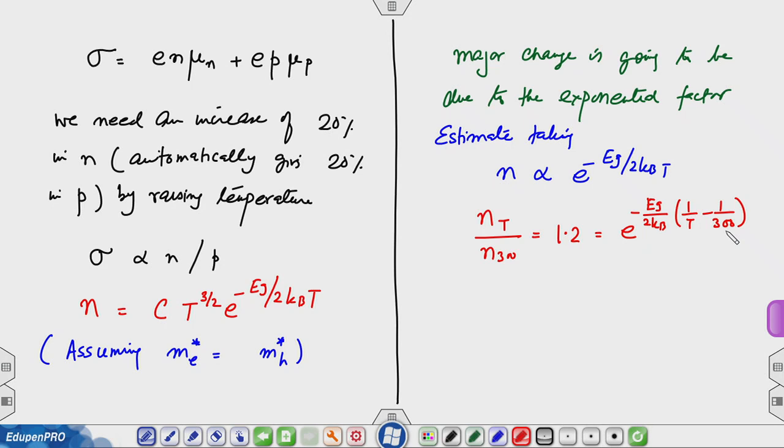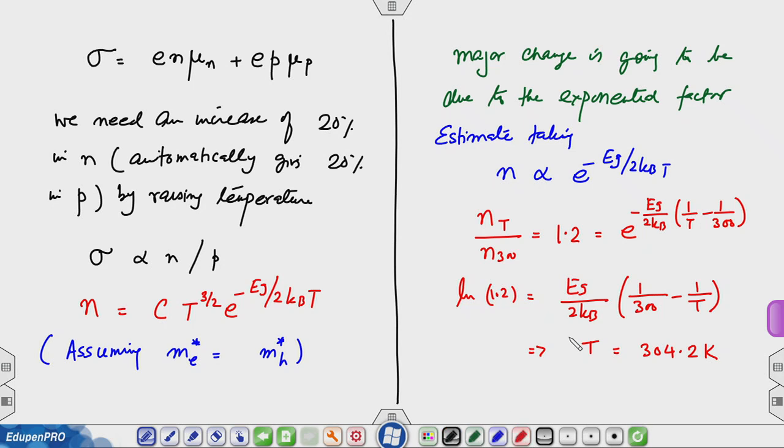E g I already know, kB I already know. So, log of 1.2 equals E g by 2 kB. There is a minus sign in front, which I will take inside the bracket and write this as 1 over 300 minus 1 over T. E g is known, and so is kB. So, this gives T to be equal to 304.2 K. That is your answer.